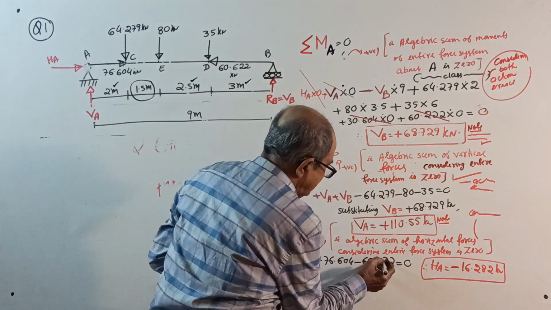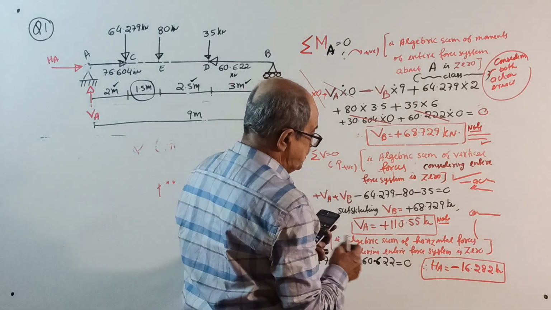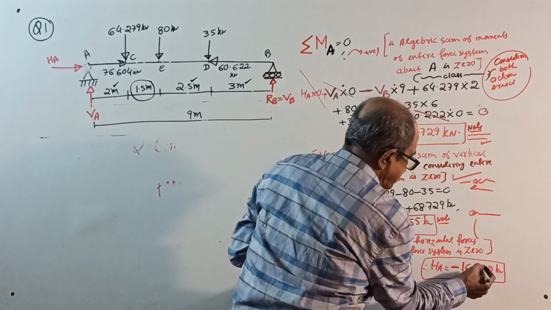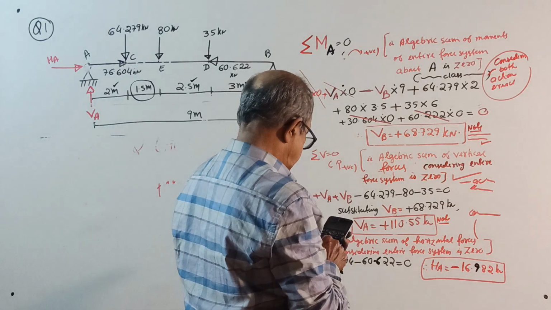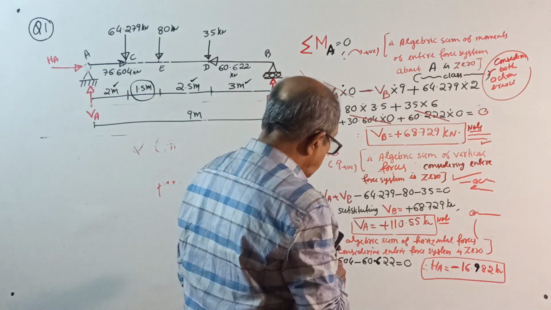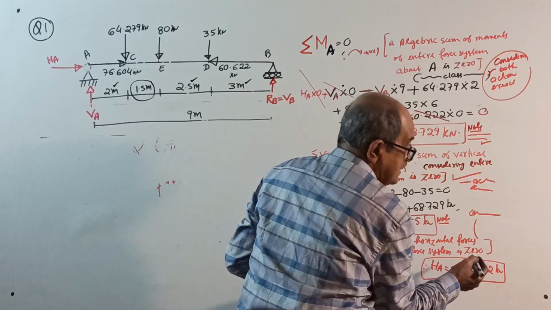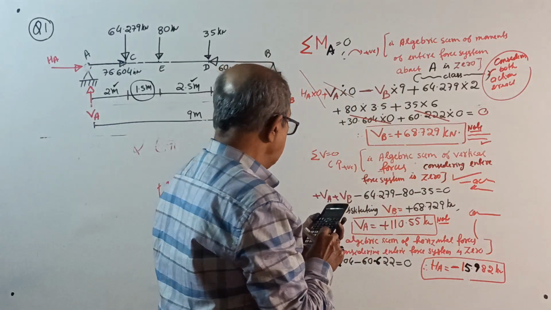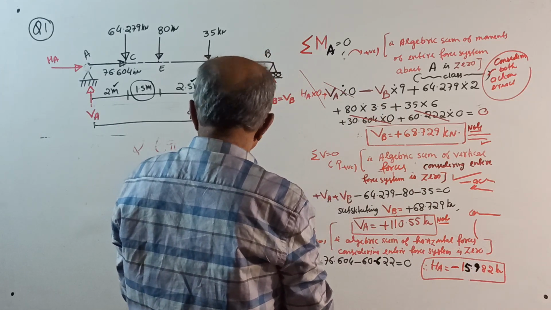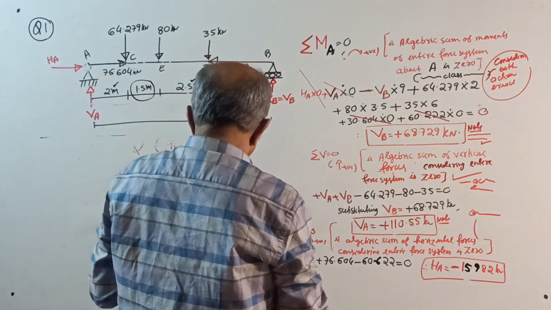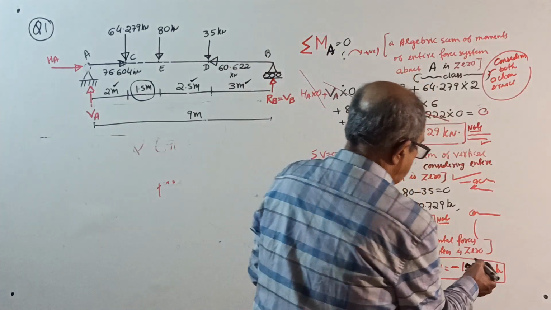Okay, 15.982. I don't know why the calculator problem; in the light, some numbers are not properly visible. 76.604 minus 60.622 is 15.982, correct.